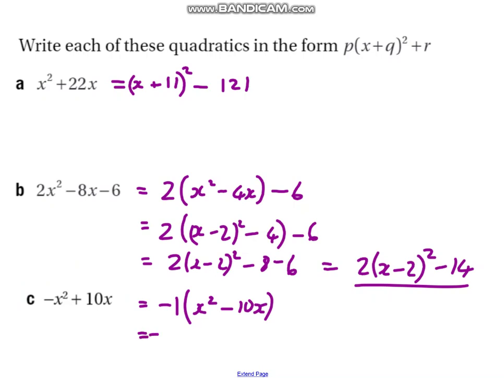We'll keep the minus 1 there, and in there I'm going to have x minus 5 all squared, and then take away 25, and that's the completed the square bit done. But obviously I don't want this extra bracket hanging around, so let's just multiply that out. So I've got minus x minus 5 all squared plus 25. Okay, so that's all well and good.